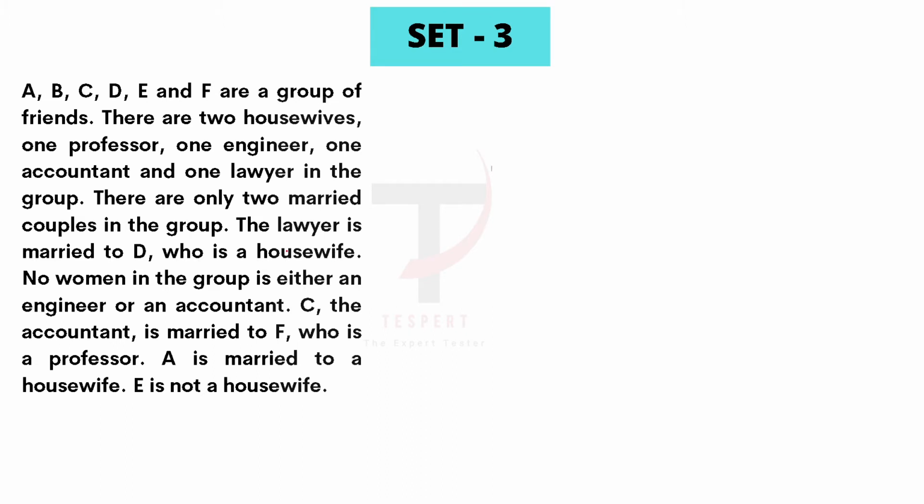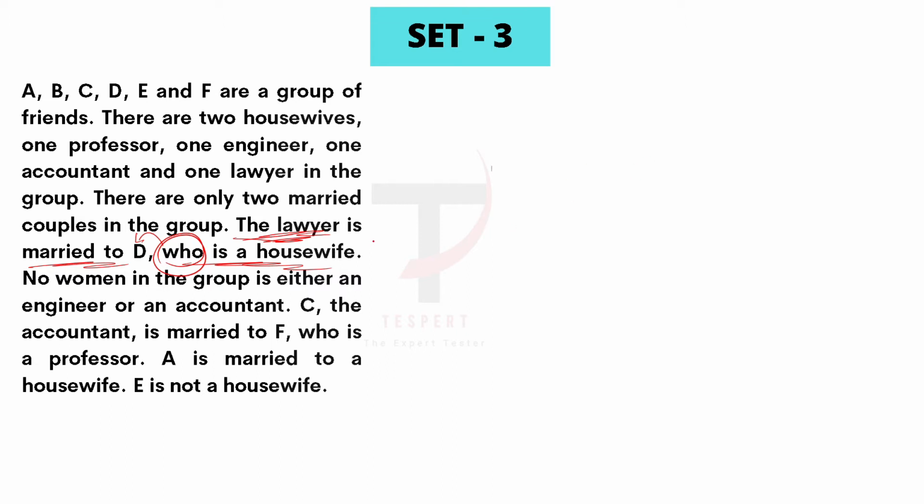See, here it is given that the lawyer is married to D, who is a housewife. Here, who refers to D, not the lawyer. Who refers to the person immediately before it, which means D. That I explained to you in the first video.